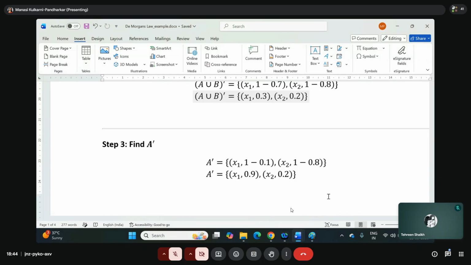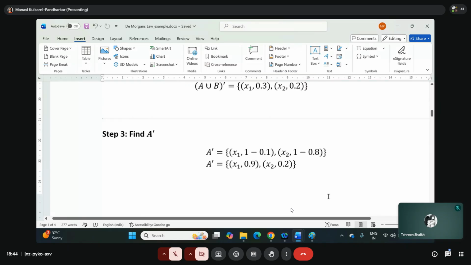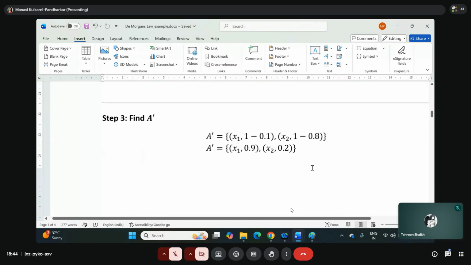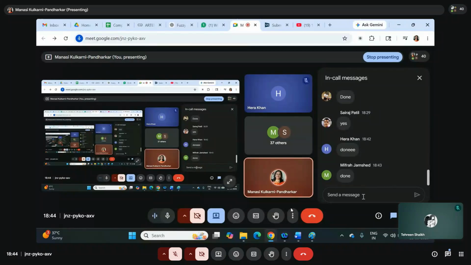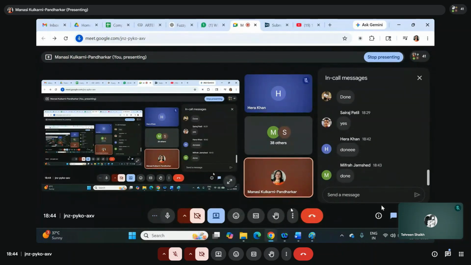I'm waiting. Same way, try to find out the B's complement. What will be the B's complement? Step 4. Anyone who can punch me the answer for the B's complement? I'm waiting over here. I'm waiting for you to punch me the answer on the chat box for the B's complement.